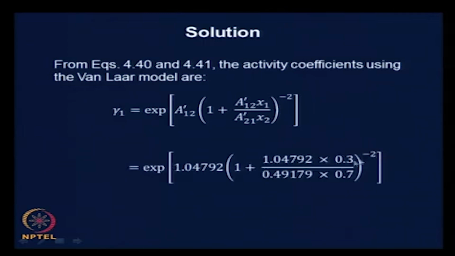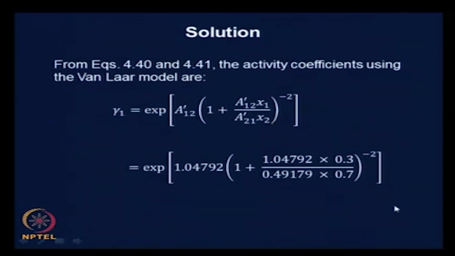If you substitute the values which have been given, it turns out to be exponential of 1.04792 for A12 dash times 1 plus 1.04792 times 0.3, which is the mole fraction of isopropanol in the binary solution, divided by 0.49179, which is the constant A21 dash in this Van Laar model, times the mole fraction of water 0.7, the whole power minus 2. 1 for isopropanol, 2 for water.